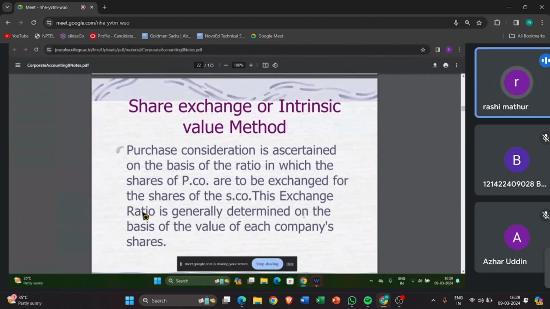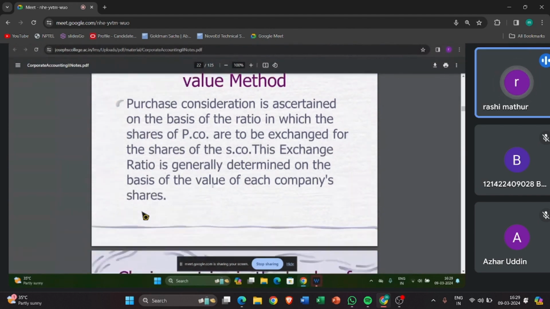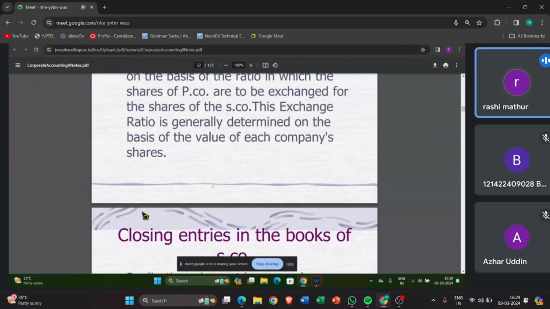So the intrinsic or shares exchange method is where we calculate purchase consideration on the basis of some ratio. It will be given 3 shares instead of 5 shares, or 10 shares instead of 5 shares. Some ratio will be there. So in that particular ratio, how the exchange is happening between the two companies, that is the basis for calculation of your purchase consideration.